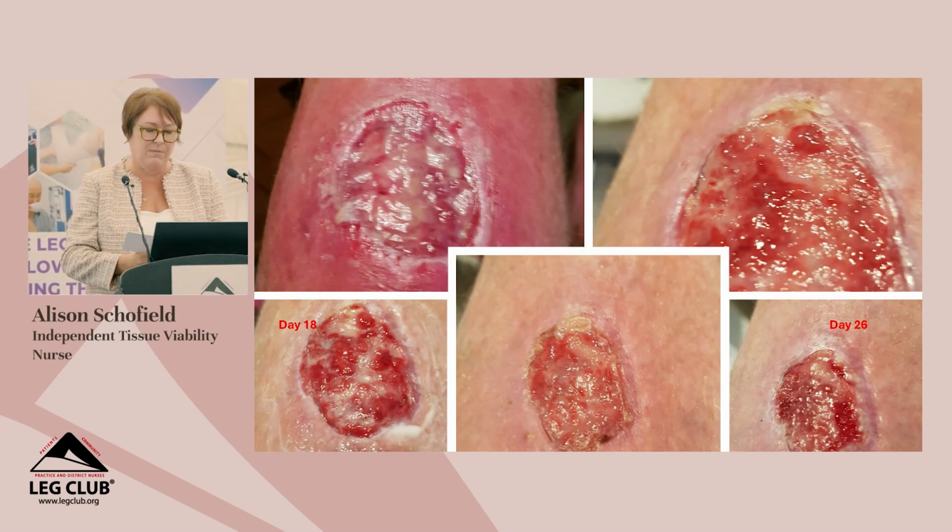So we did some curettage, some sharp debridement initially, to get rid of some of that slough. And I taught him how to use a monofilament pad so he could cleanse his own wound, because I wasn't going to be there all the time. He didn't have any services access around him. And he's a capable guy.